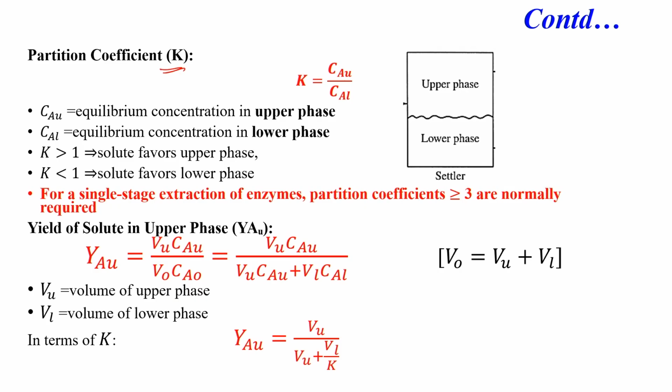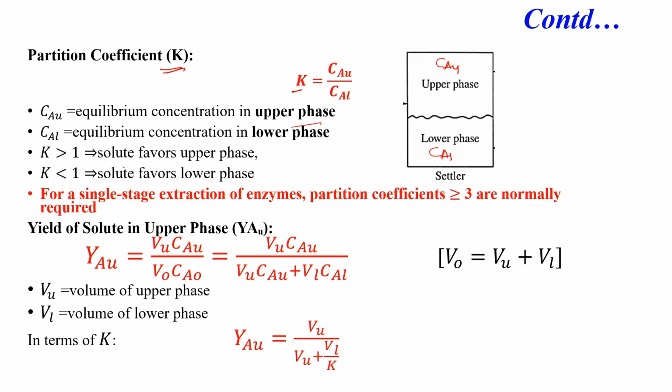Let us say K, the partitioning coefficient, is the ratio of equilibrium concentration in the upper phase, CaU, to the concentration in the lower phase, CaL, of A. So, A is now distributed into the upper phase and the lower phase.